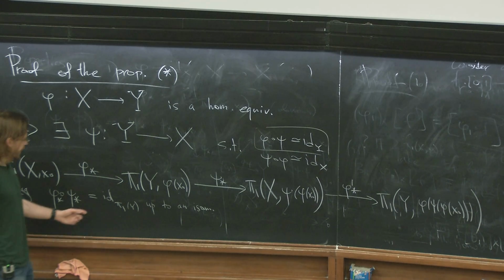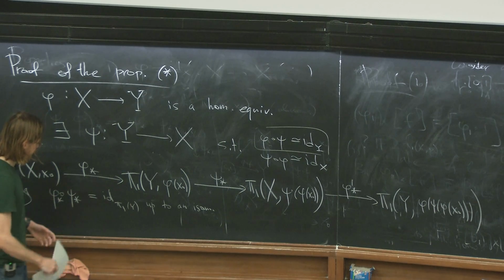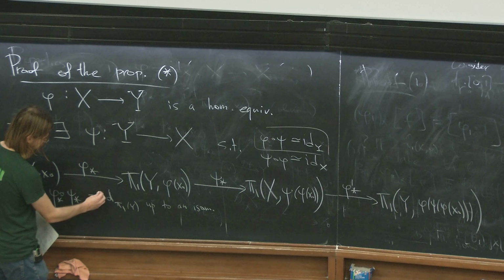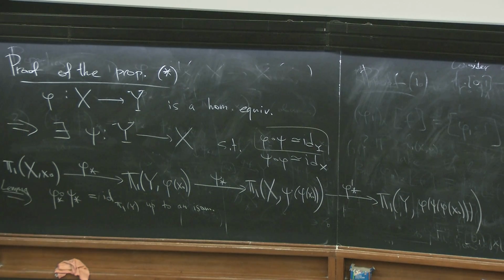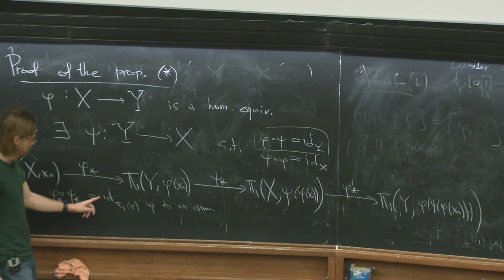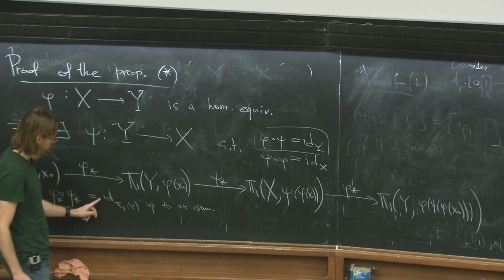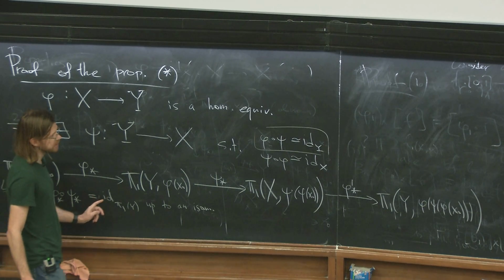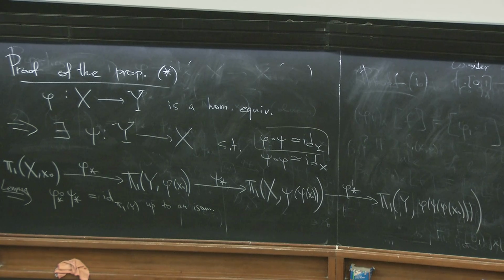Meaning that it's actually the identity once you take a composition with the isomorphism given by this beta. But this is enough for us.